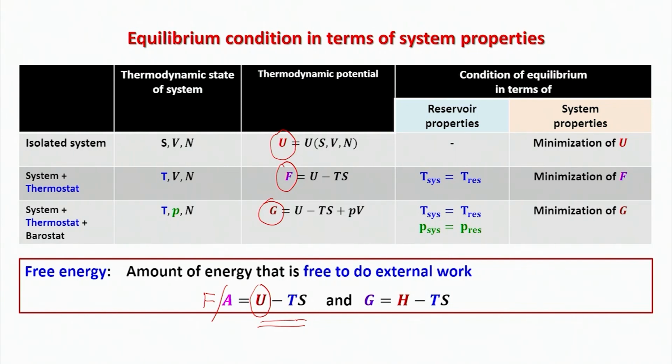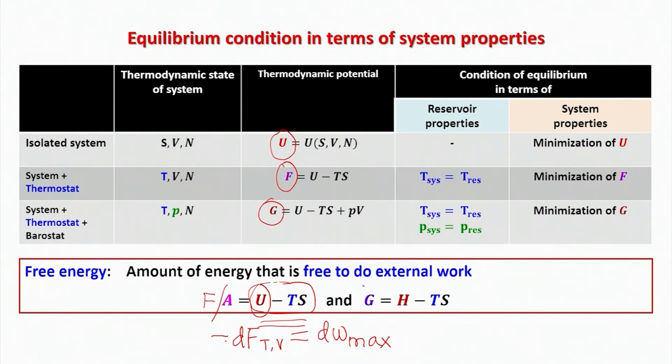That is because we have already shown that minus dF_TV is equal to dW_max, and therefore it says that in this particular system, this is the amount that is relevant to computing what is the maximum amount of work that can be extracted from the system.